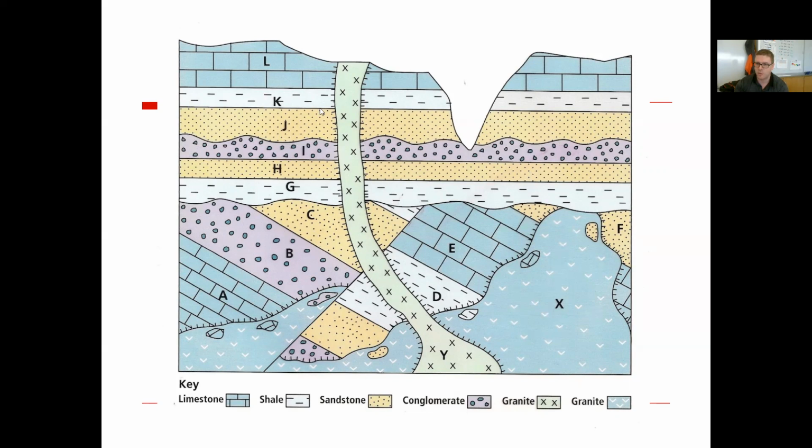We have X's, we have Y's, we have nonconformities because of the intrusion. So we can have a lot of adjectives and descriptive words now to describe these rock layers in determining the order in which they occurred and possible mechanisms that caused some of these weird behaviors to come into play.